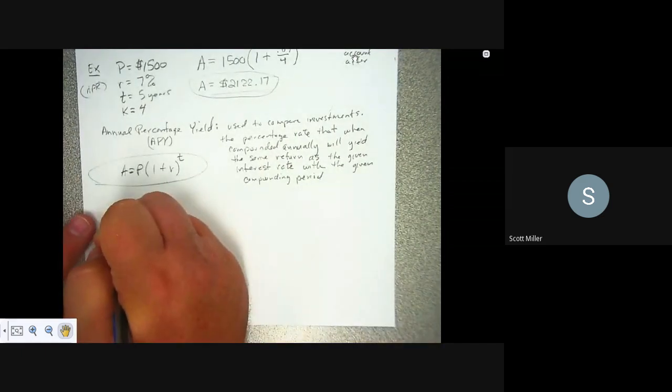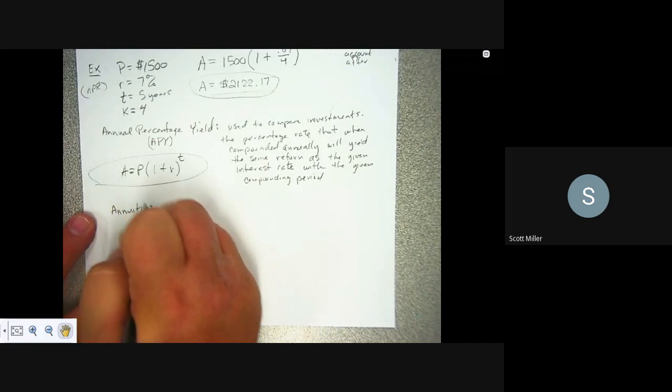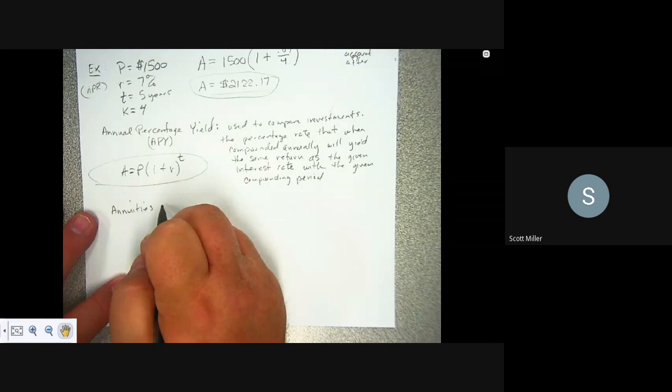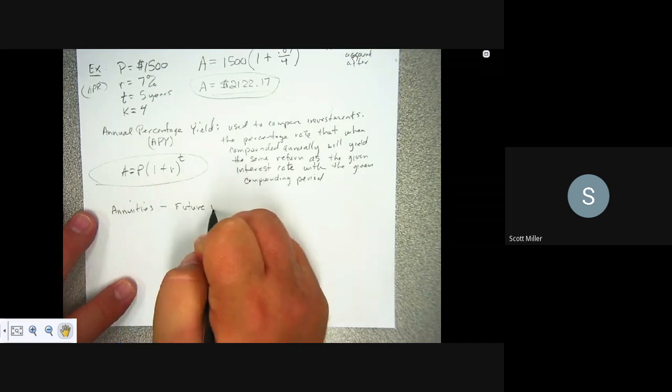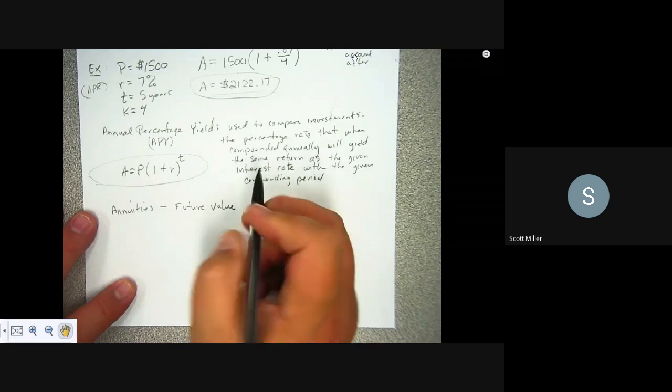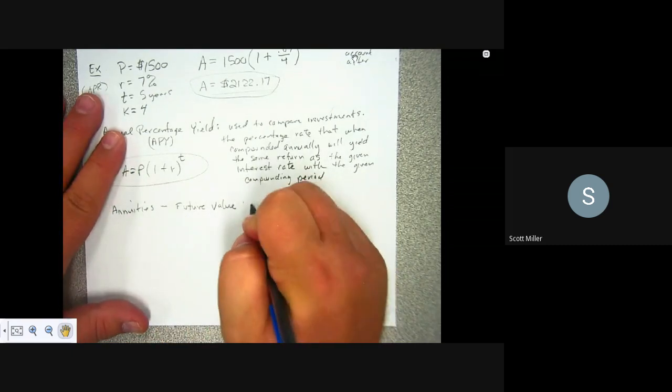Another name we need to know, annuities. And we're going to look at future value. So, an annuity.